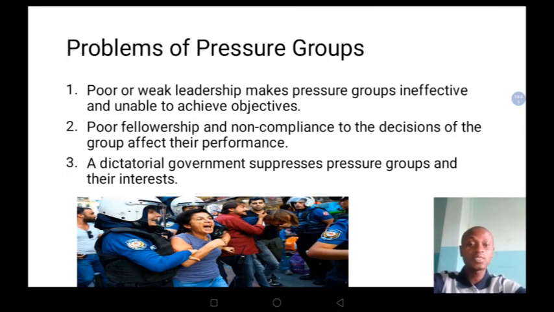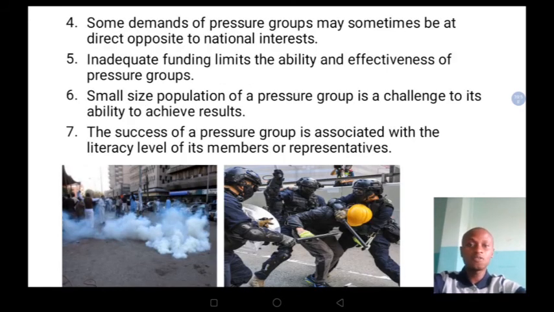So it happens. We have seen that in China. It happened in China and some other socialist and communist states. Okay? Now, some demands of pressure groups may sometimes be in direct opposition to the national interest.